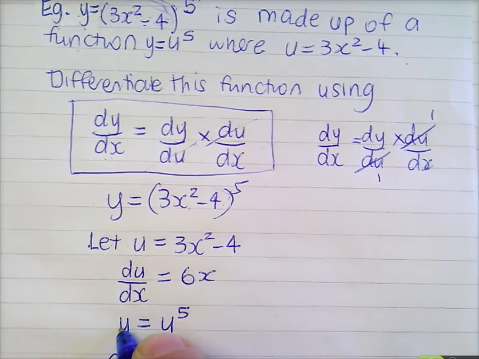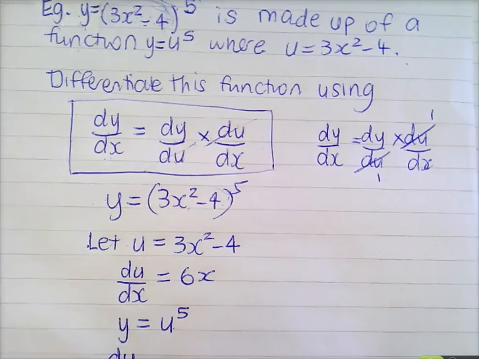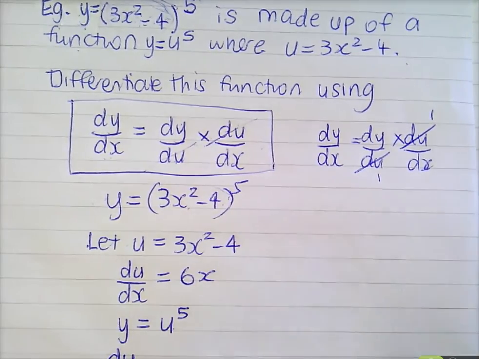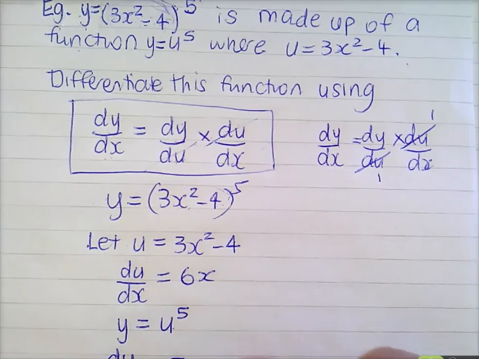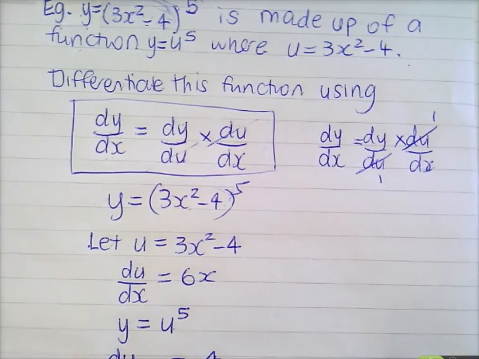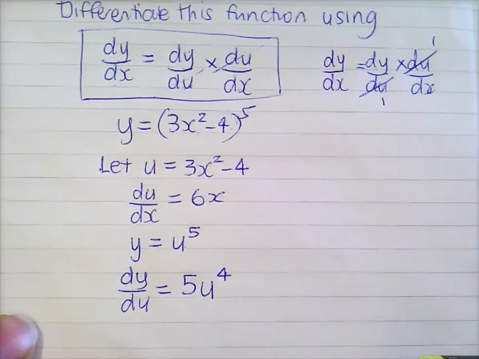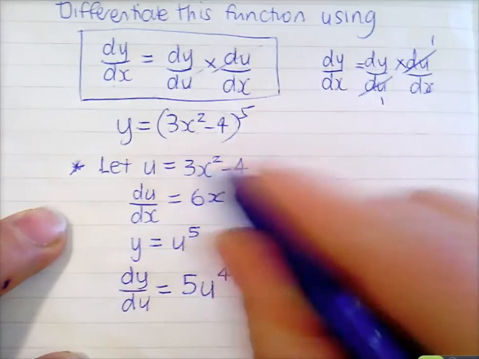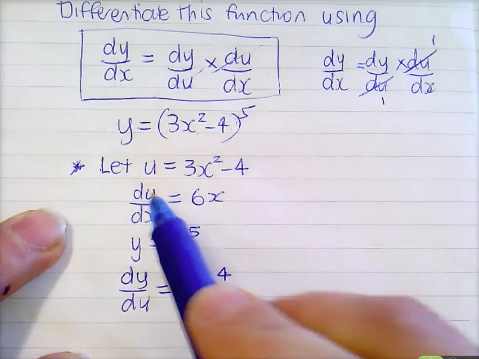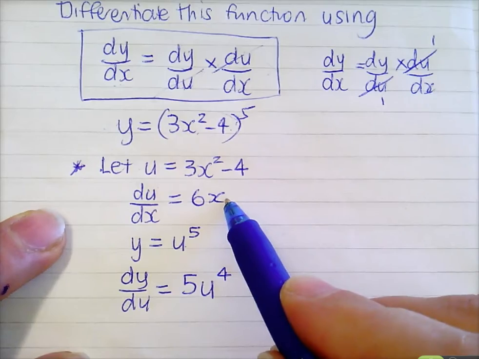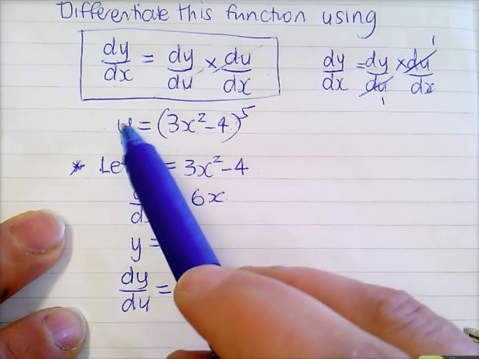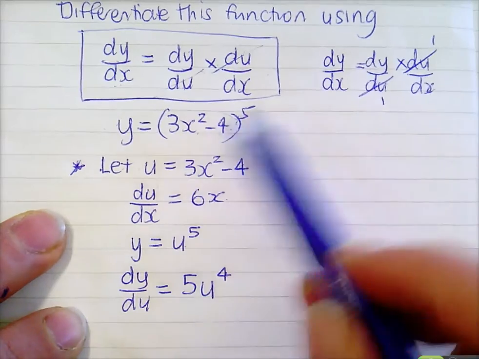So therefore, if I want to differentiate this, what do I do? dy/du. This is a normal x to the n. What do I get? 5u to the 4. Okay, sorry girls. So girls, here's my original function. The first bit is to let u equal 3x squared minus 4. So therefore du/dx is 6x. But because u is equal to 3x squared minus 4, the original function is y equals u to the 5.